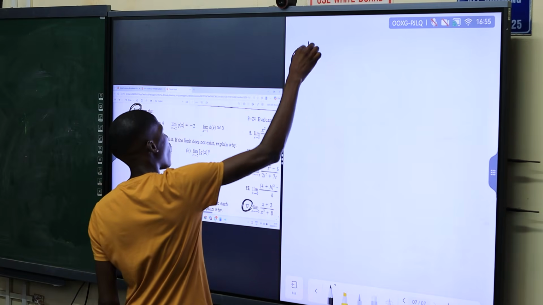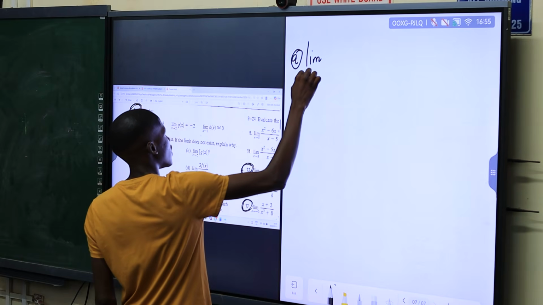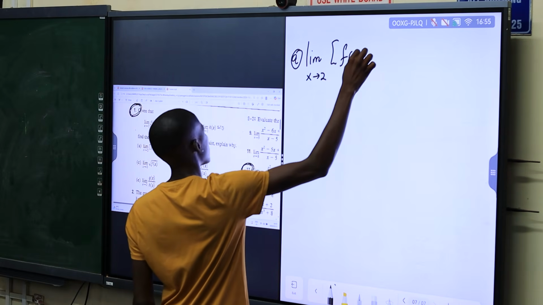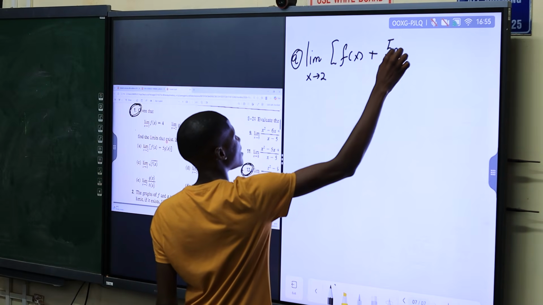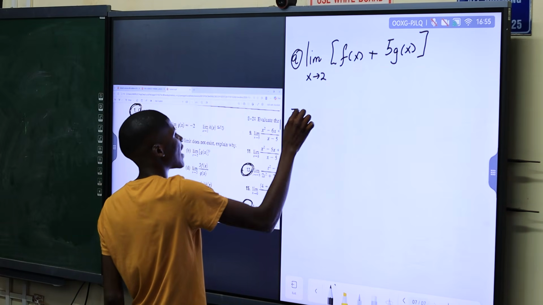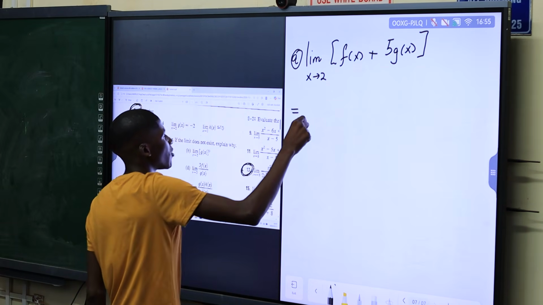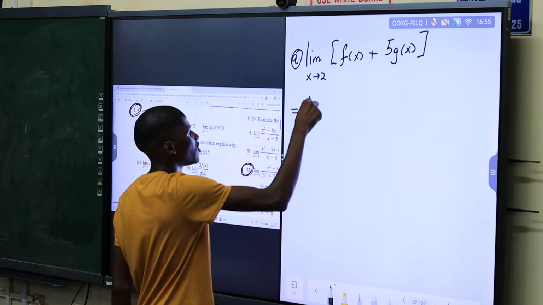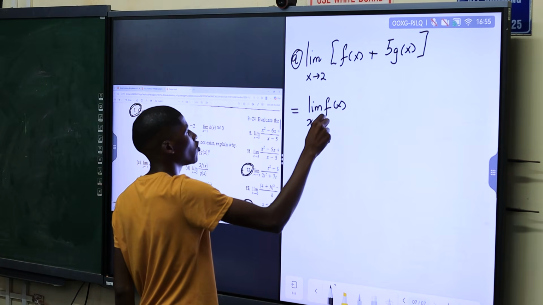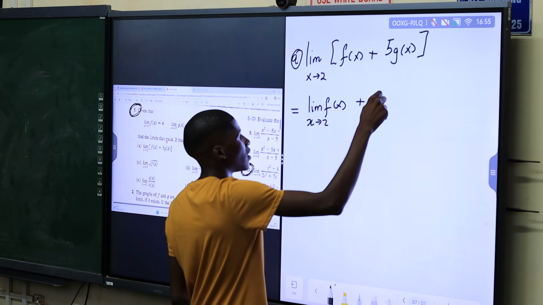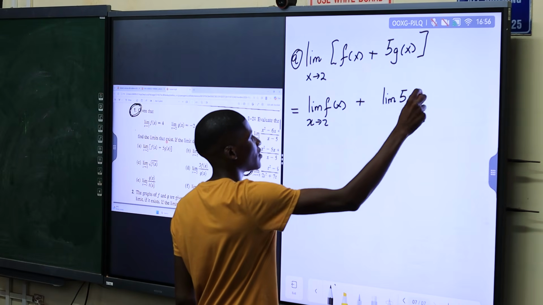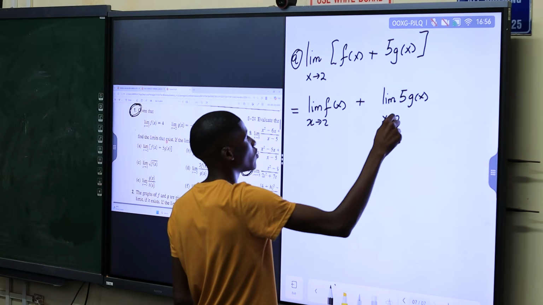We're just going to take one or two. The limit as x approaches 2 of f of x plus 5 times g of x. What is this going to give us? Using the limit laws, the limit of f of x as x approaches 2 plus the limit of 5 g of x as x approaches 2.